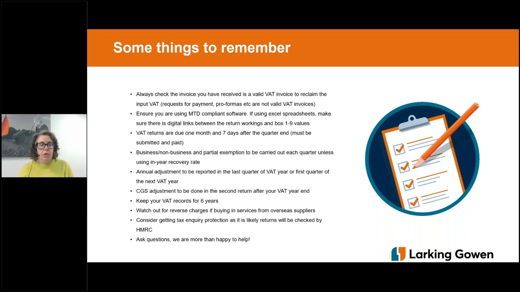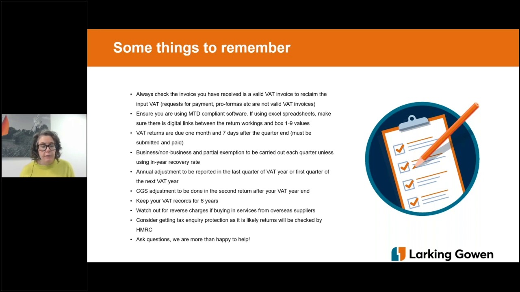Your VAT returns are due 1 month and 7 days after the period end. So they've got to be with HMRC by that point in time. You also need to make payment, and that payment needs to have reached HMRC by that month and 7 days later point in time.